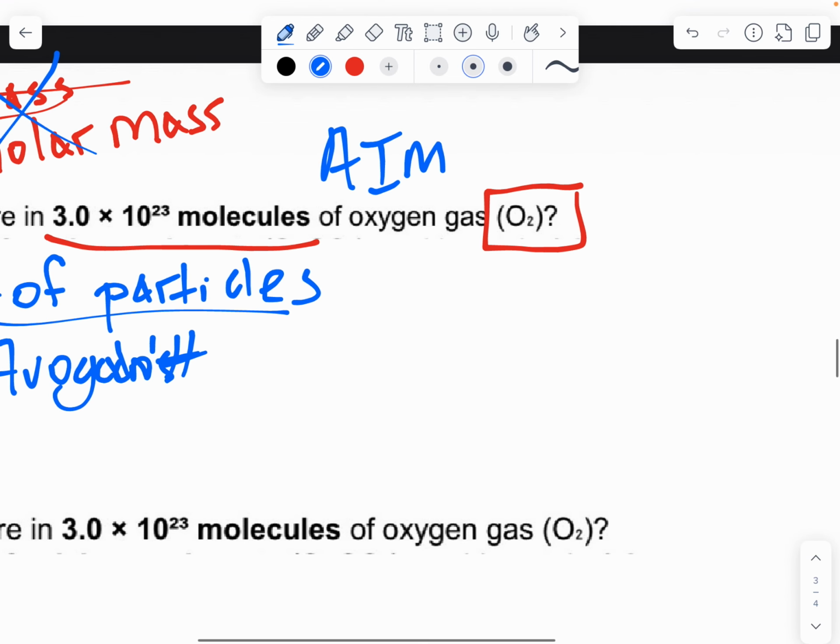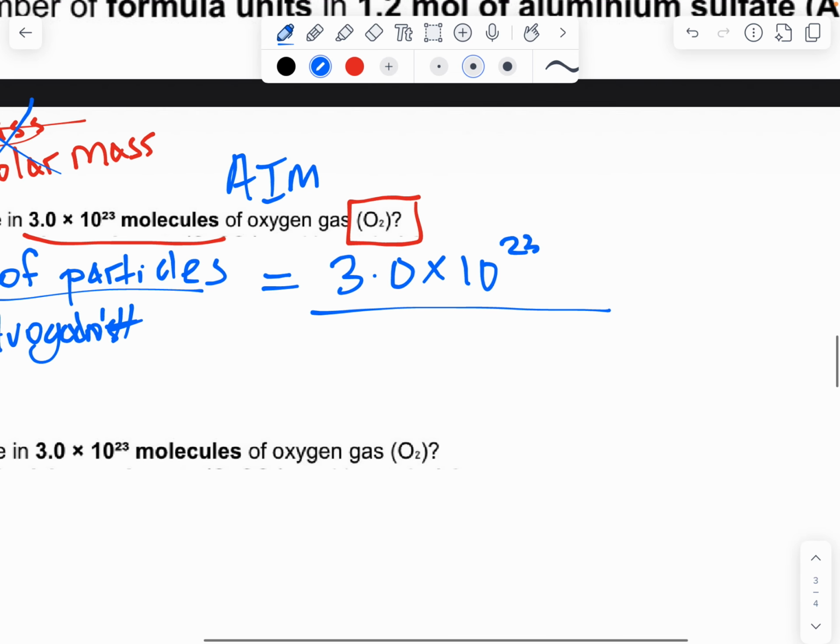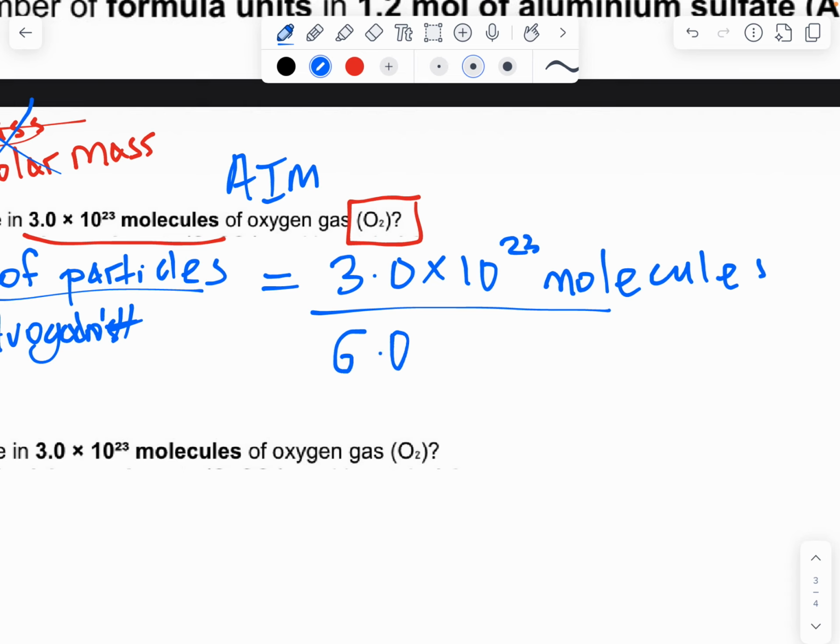Let us work. The number of particles that we got was 3.0 times 10 to the 23rd power. That's our molecules. And Avogadro's number is 6.02 times 10 to the 23rd power.